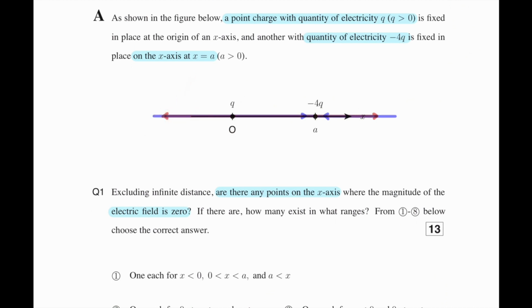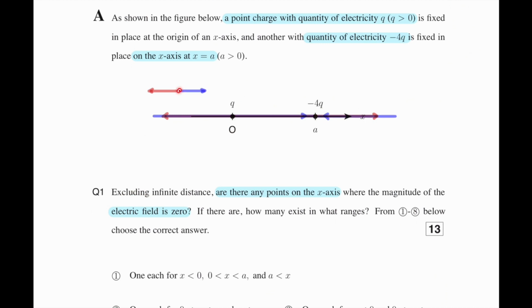So if I assume this one, this is the point where we want to find the electric field, my red line goes to the left and the blue line goes to the right.